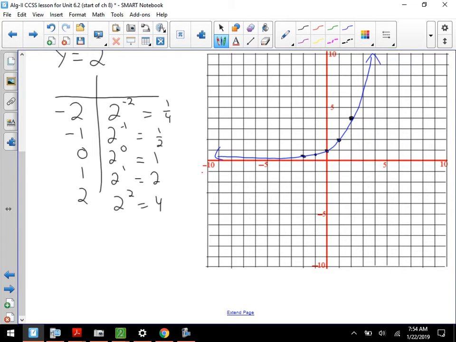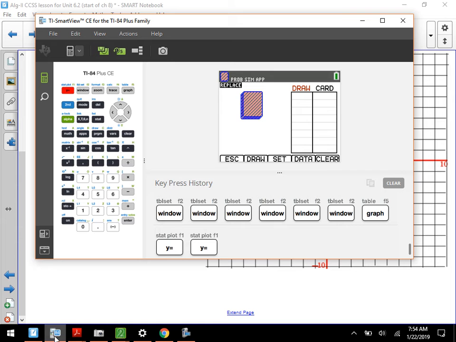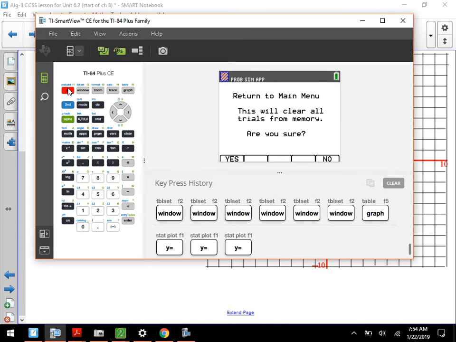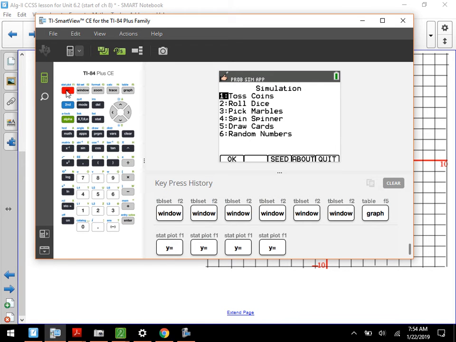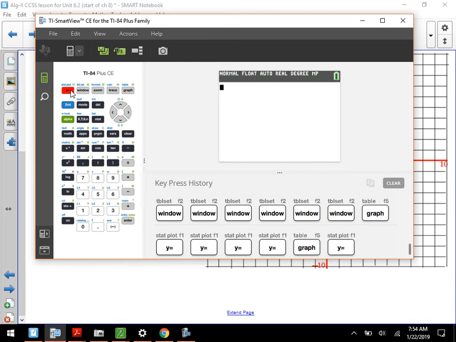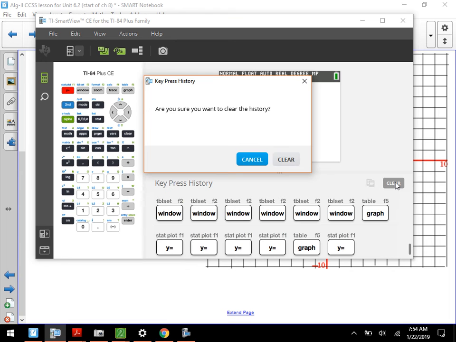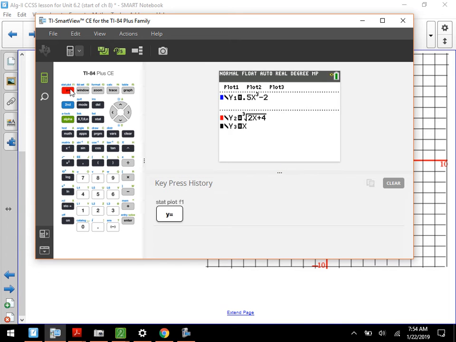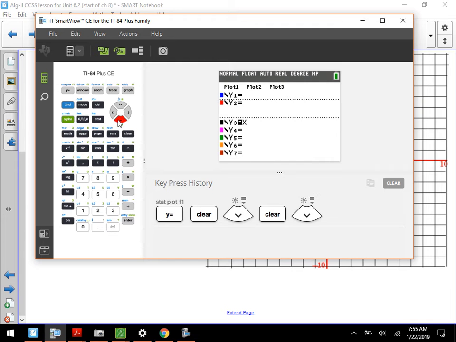Now, take your calculator out real quick. And I'd like to go to my y equals table. Sorry, I got to clear out all my stuff.